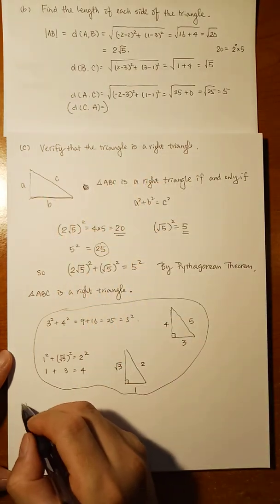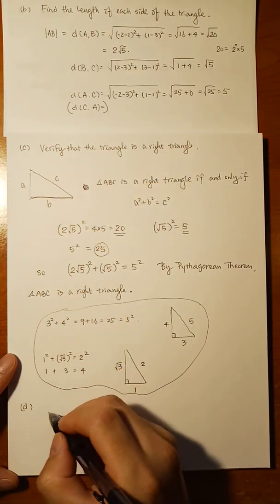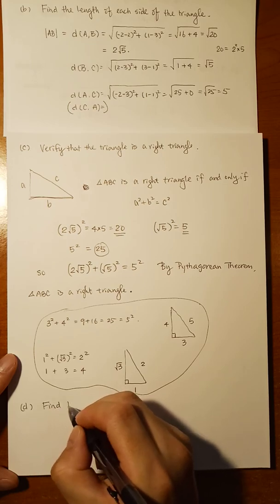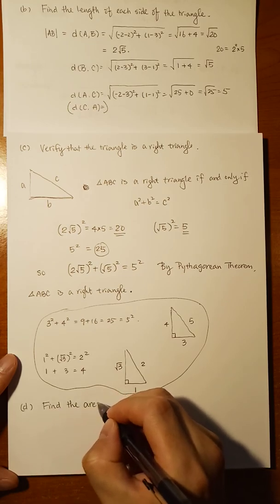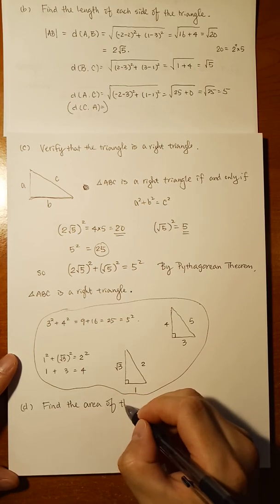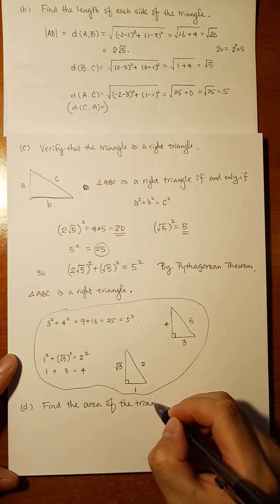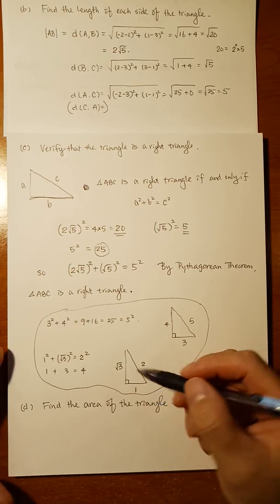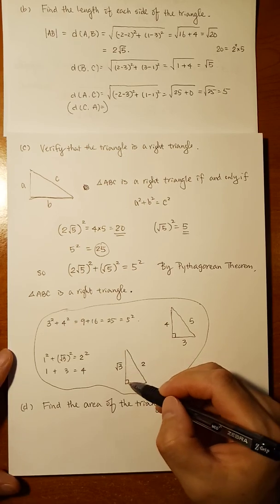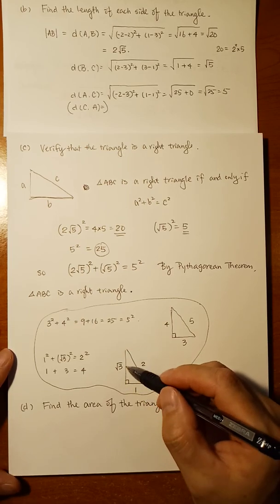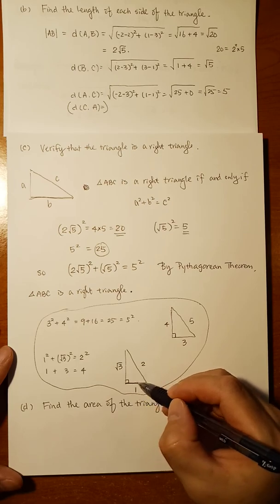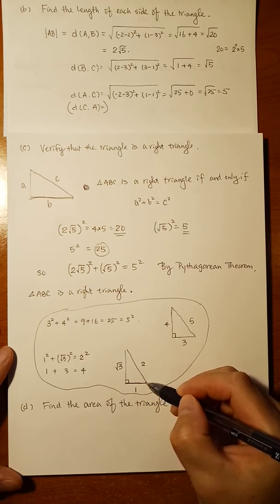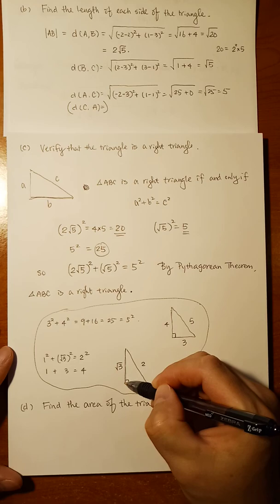Let's see part D. Find the area of the triangle. Area of the triangle, right triangle. The triangle area is 1/2 base times height. Right triangle is better because you can consider one leg as a base and the other leg as a height.